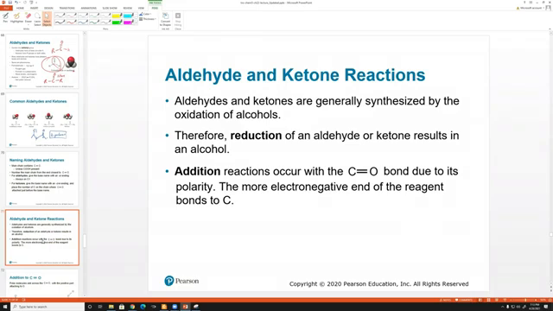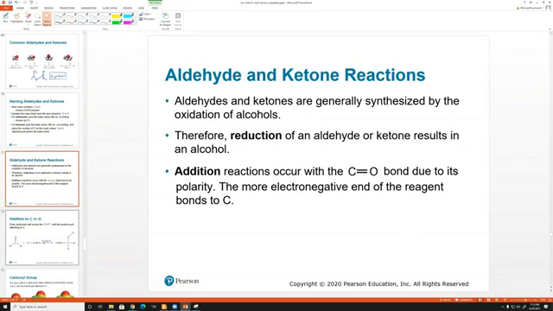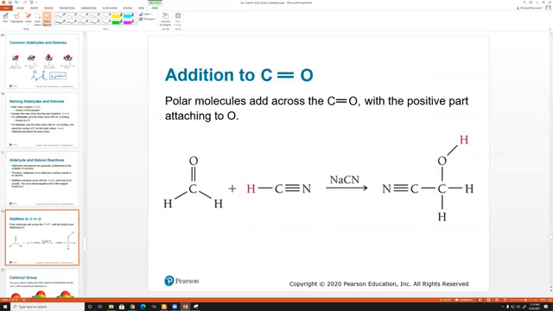So there's several aldehyde and ketone reactions. You can do reduction to an alcohol, and then reduction further into an alkane. And then you can do addition reactions. Here's an addition reaction. You can add the cyanide ion. This is hydrocyanic acid.